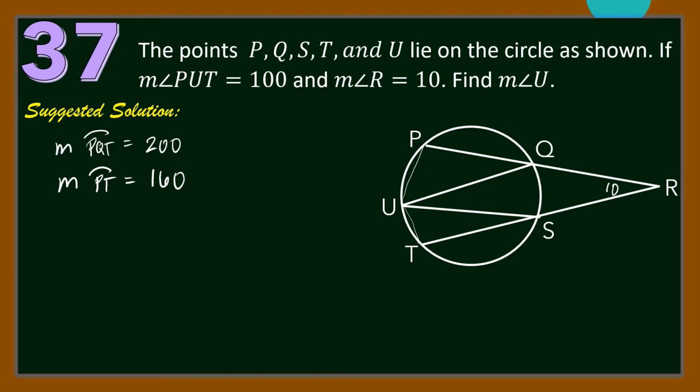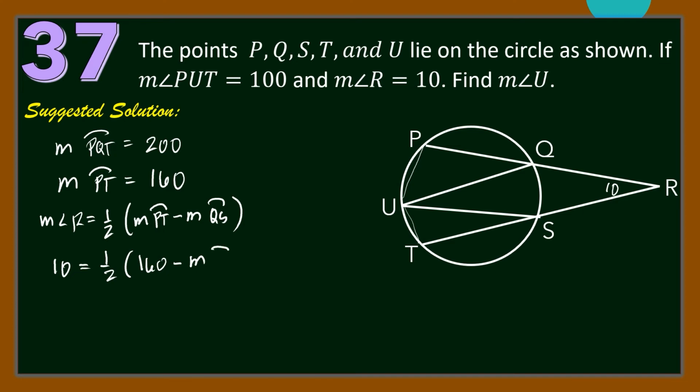Now from this information, we can have the equation measure of angle R is equal to 1/2 the difference between the measure of arc PT and measure of arc QS. Substituting the values, we have 10 is equal to 1/2 times 160 minus measure of arc QS.